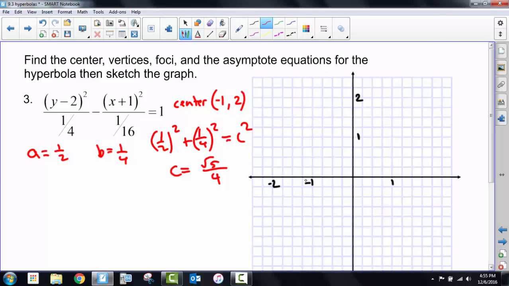Our center is at -1 and 2, which would put me right about there. And let's see, our a value is 1/2. That means I'm going to need to move in the vertical direction half a space up, half a space down. And horizontally, our b value is 1/4, so I'm going to move 1 space each direction.